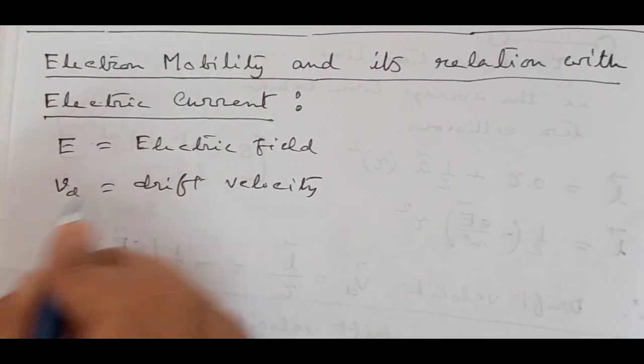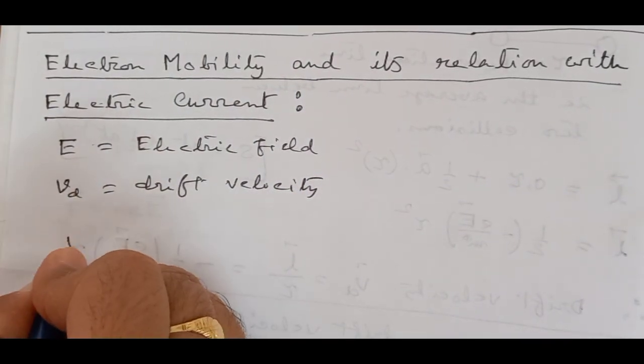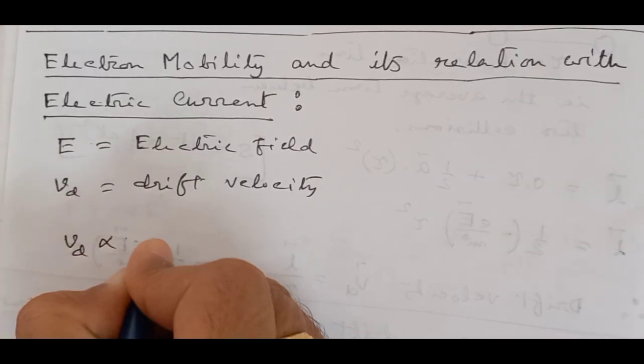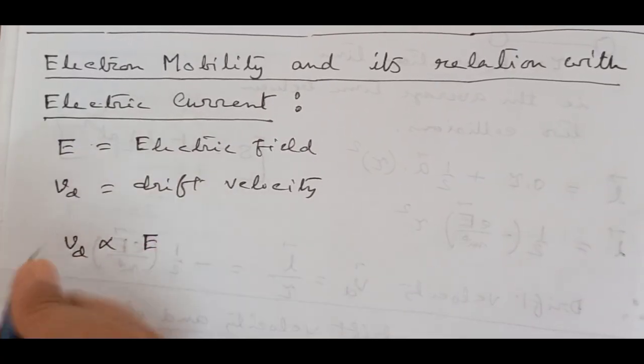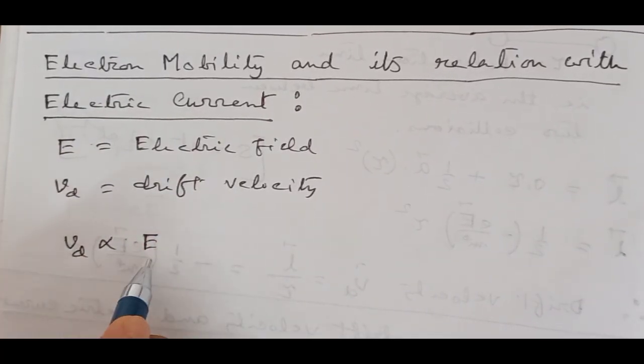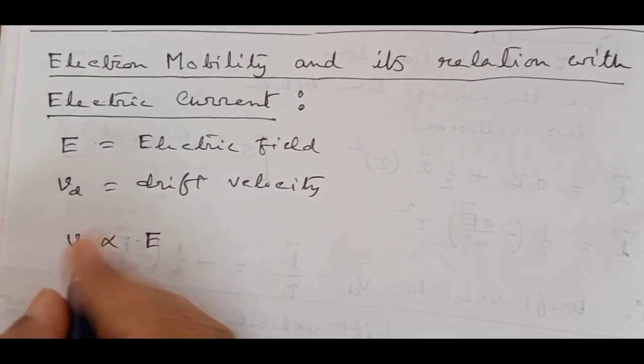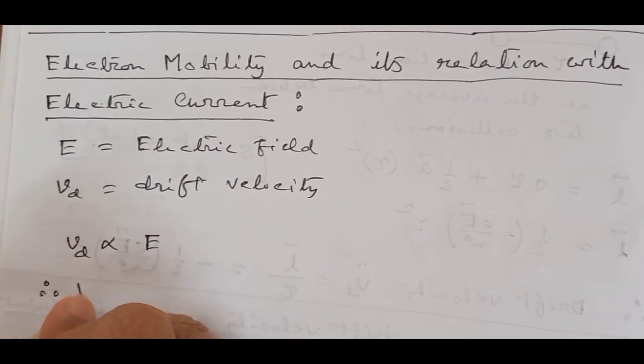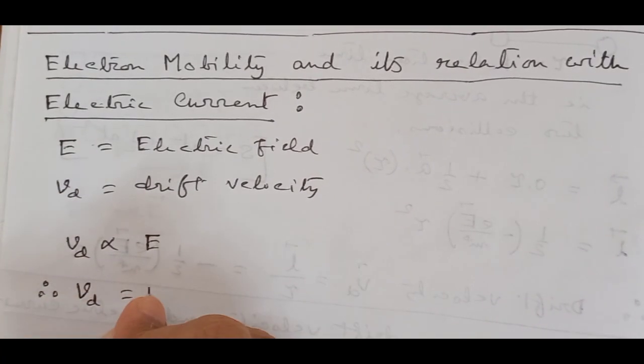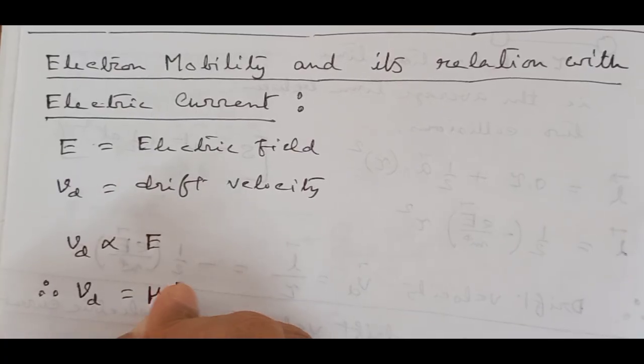For lower electric field, Vd is proportional to the electric field, or the drift velocity is proportional to the electric field. Therefore, we can write Vd is equal to a constant mu into E.